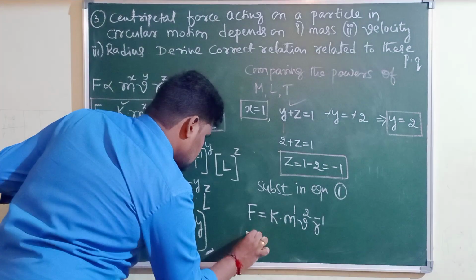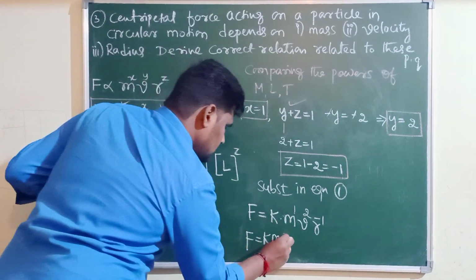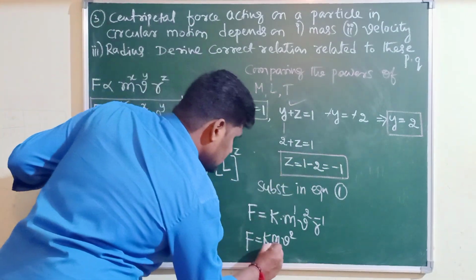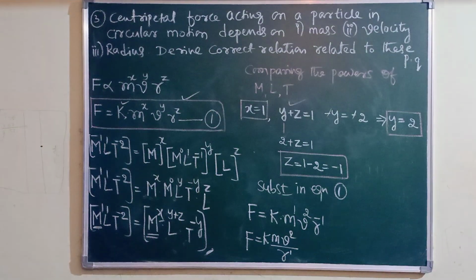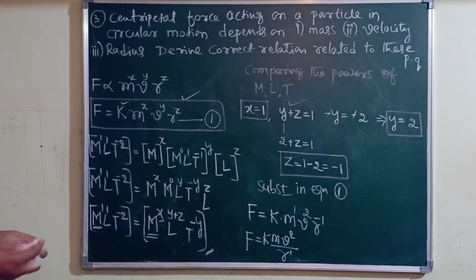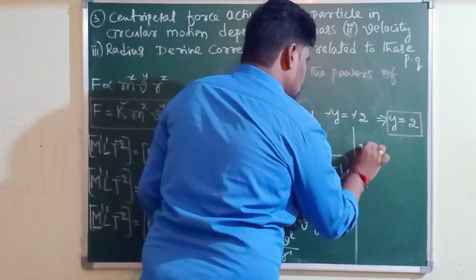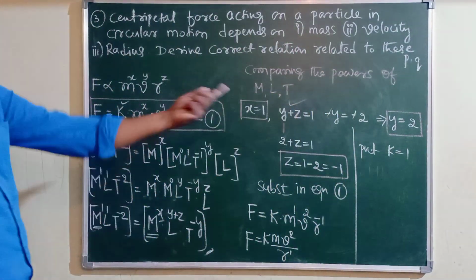Okay. Next step. F equals k as it is. M power 1, that is m. V power 2, that is v square. R power minus 1 can be written as divided by r power plus 1. Last step. Put k equals to 1. As I said, constant values are directly substituted here.